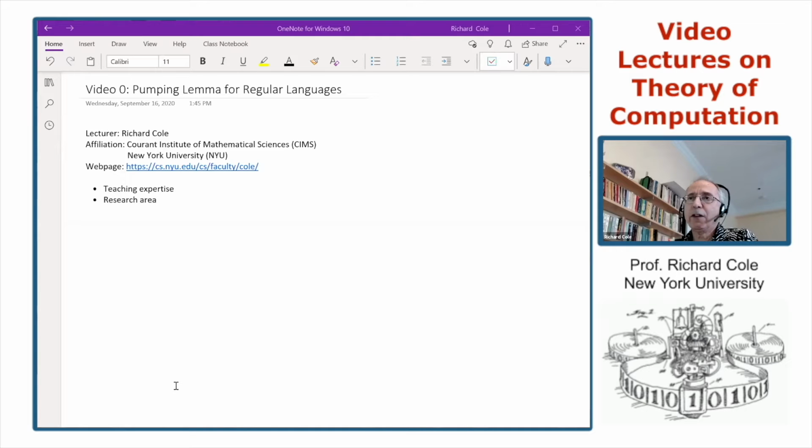My research interest is in the area of the design and analysis of algorithms. And more particularly, for the last 12 plus years, I have worked in the area of algorithmic economics and game theory.